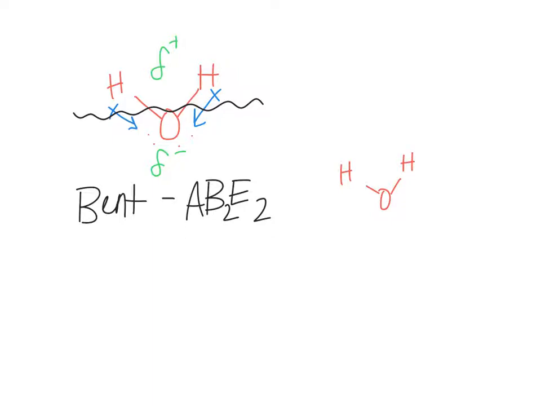If this is the structure that we see, with this being delta negative and this being a delta positive end, and if we remember what polarity is like, it's almost like an ionic situation where you have an attraction of ends.